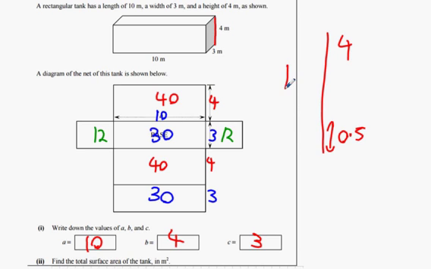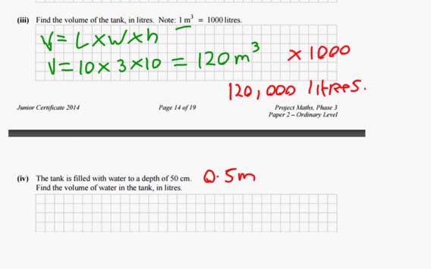This means that this whole thing is only filled up 1/8 of the way. Does that make sense? It's only filled up half a meter. It can go as high as 4 meters. It means that we're only filled to 1/8 of our capacity. So when we go back to the last question, we can just get 1/8 of 120,000 liters.